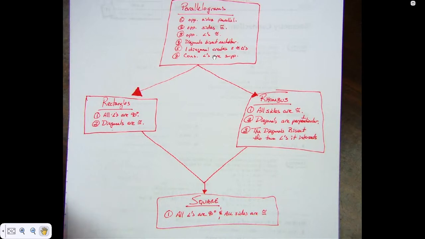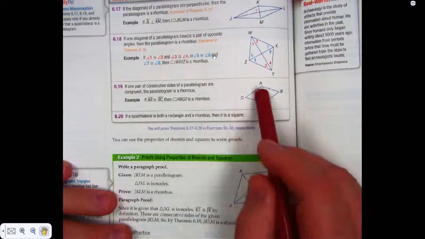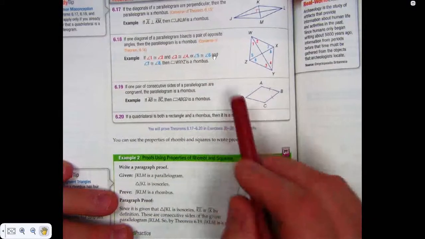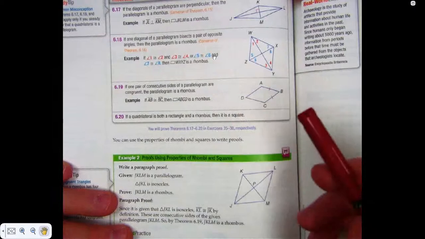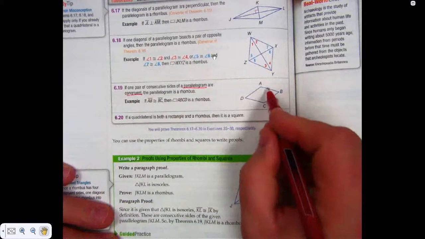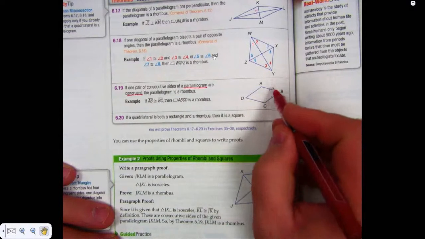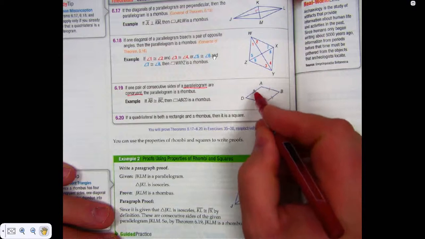However, there is another one that says if a pair of consecutive sides of a parallelogram are congruent, then you know it's a rhombus. The key words here are parallelogram and congruent. Since it's a parallelogram, we know the opposite sides are congruent, right? So if these two are congruent, that's also congruent to what?